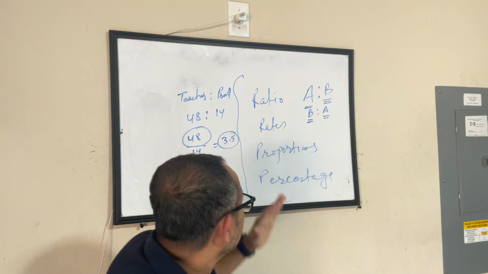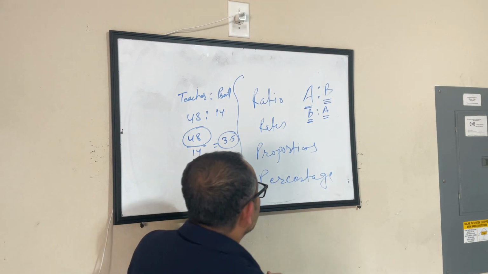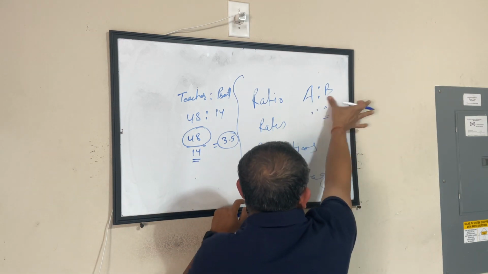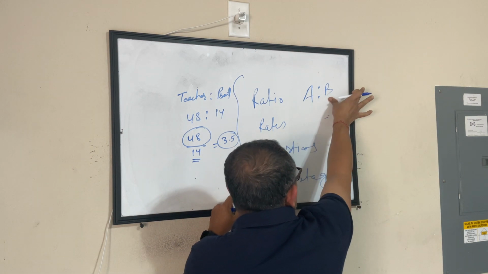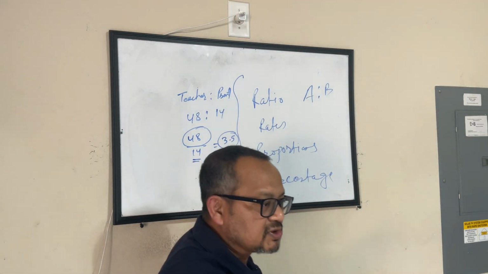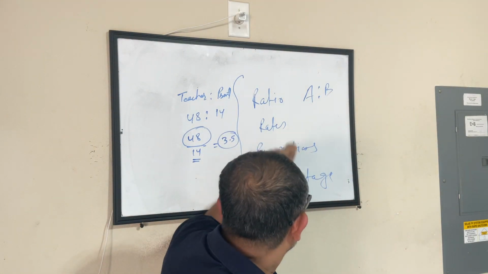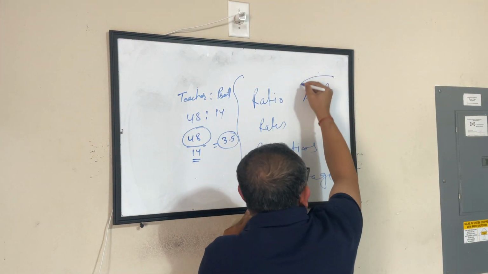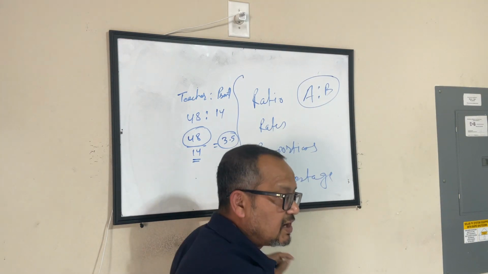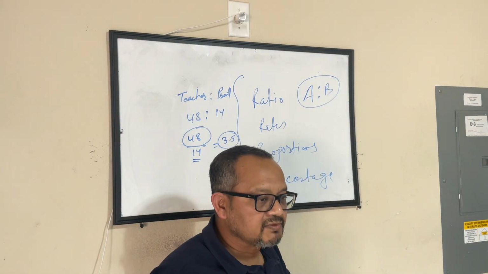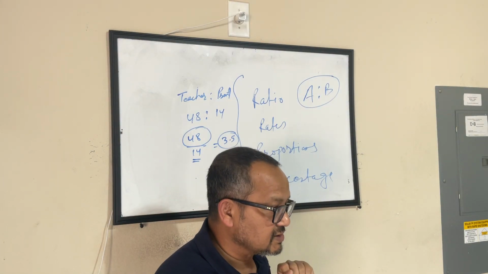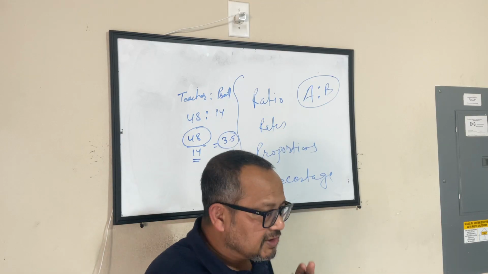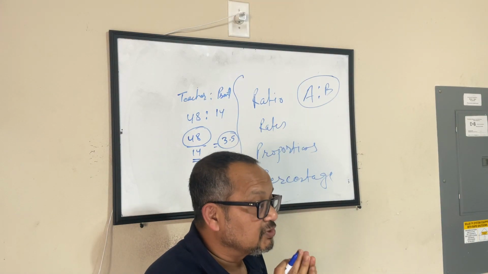Now let's go to the next step. In this case, what did we see? We are comparing one number against the other number, which is supposedly our base. Now when you talk about rates, here my age and Pranit's age both had the same unit. My age was in years, Pranit's age was in years. When it comes to rates, you look at it a little differently, where the unit changes.